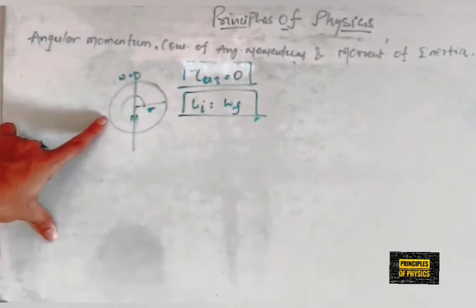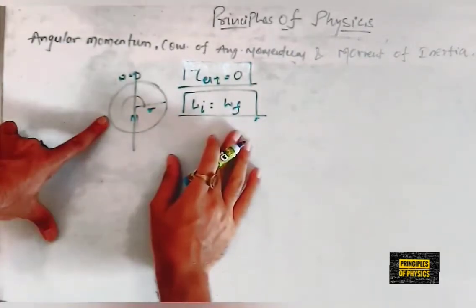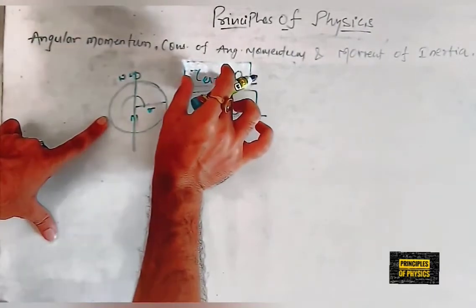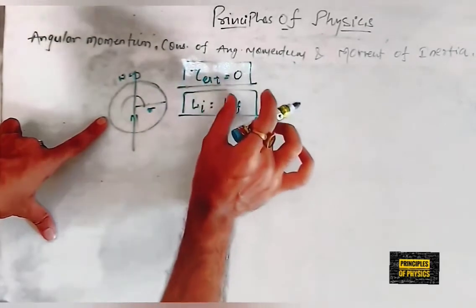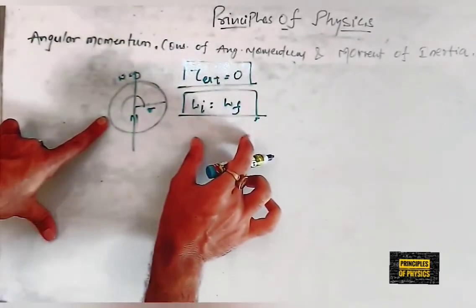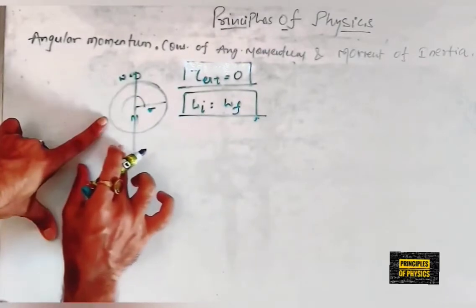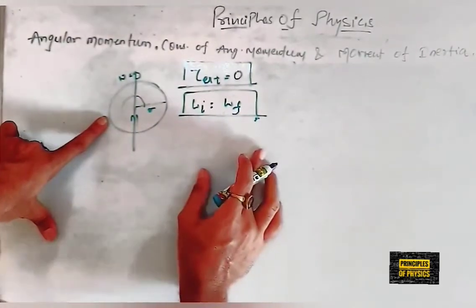Through this diagram, we are going to derive that if external torque is equal to 0 at any instance, then angular momentum initially is equal to angular momentum finally.